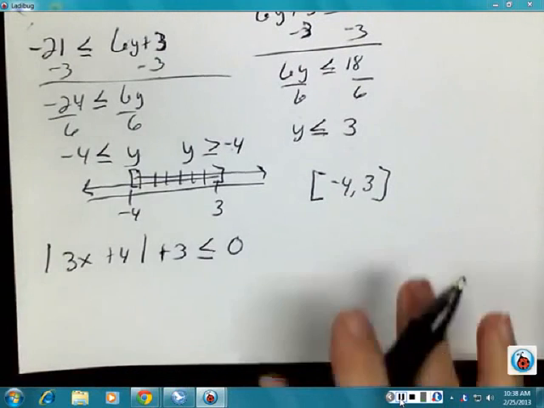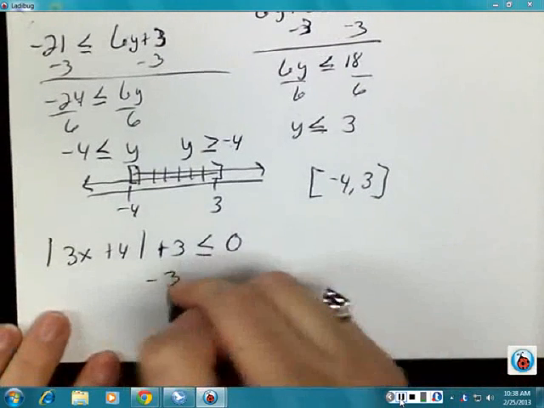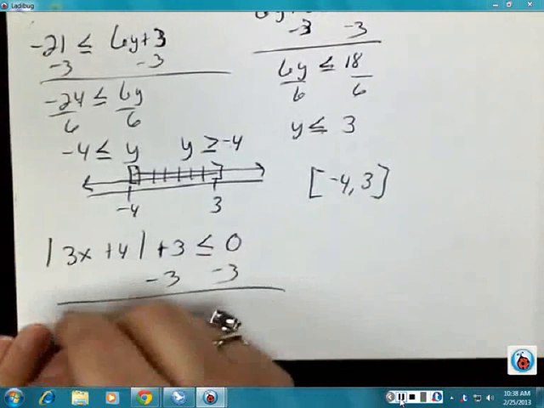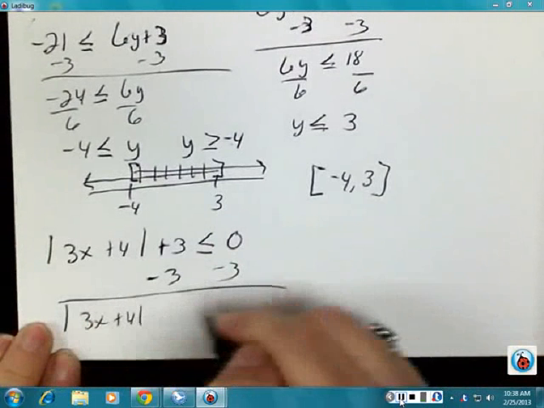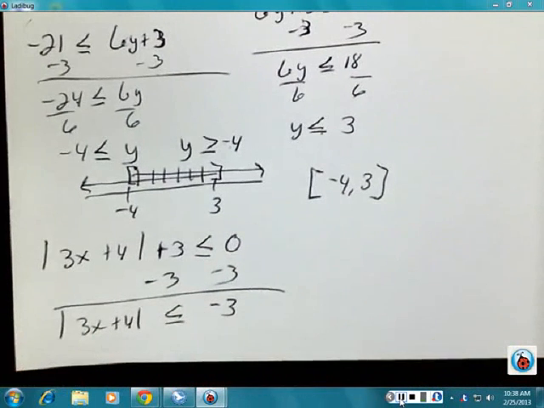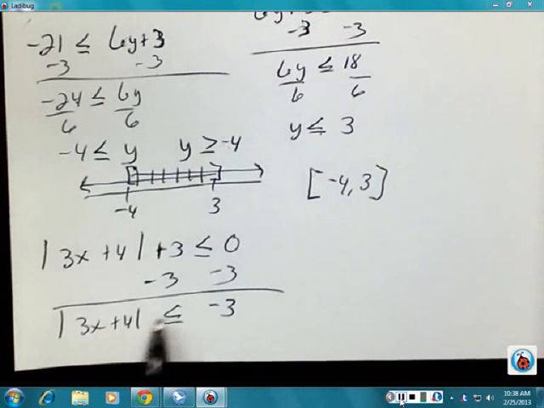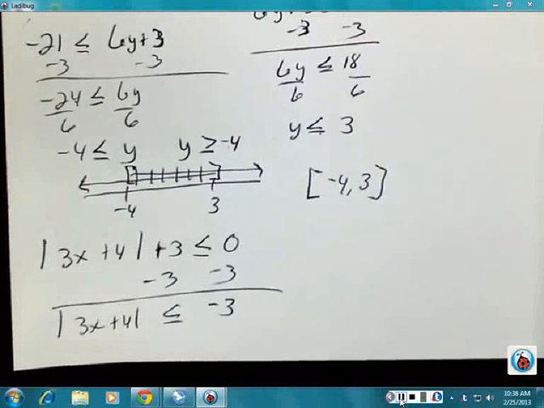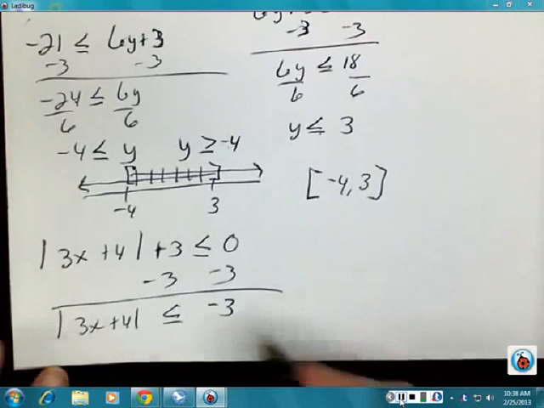We got a negative 3. Whenever you see a negative, we always got to think of special things. Can I get something over here that's going to be less than or equal to a negative 3? No. So this is no solution.